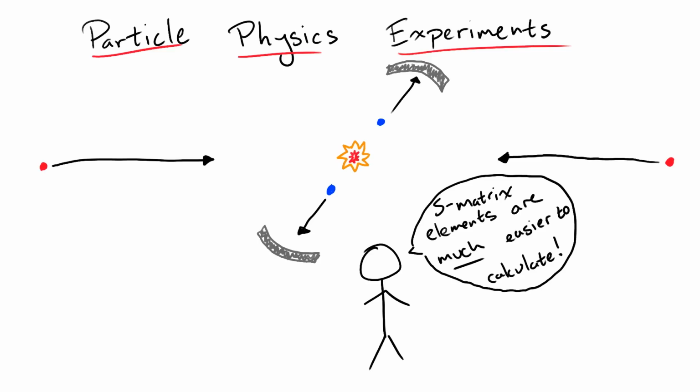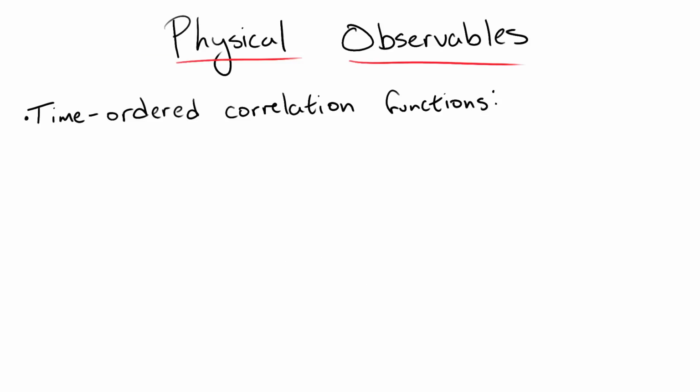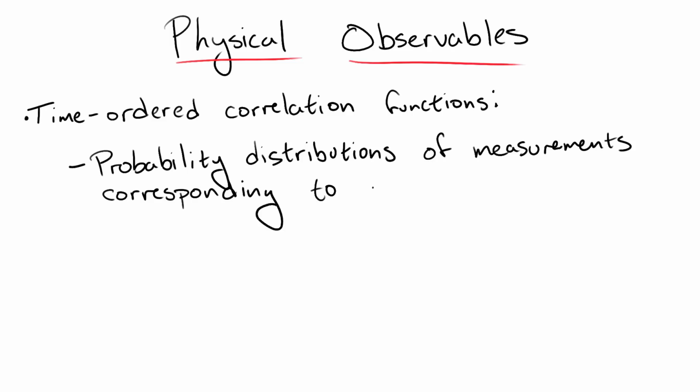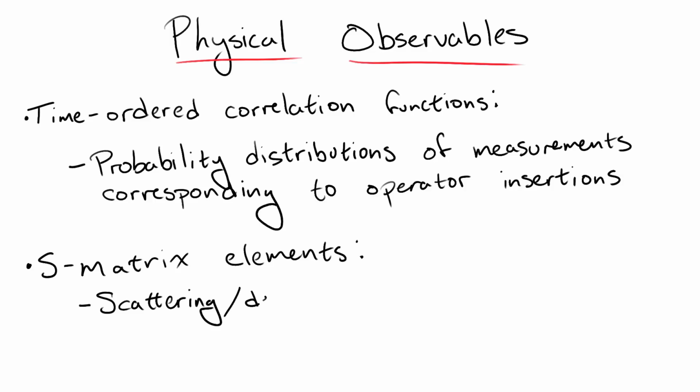The difference is that the physical observables that we extract from the theory are no longer probabilities of creating and annihilating particles at exact points, but instead the expected rates at which interactions occur.